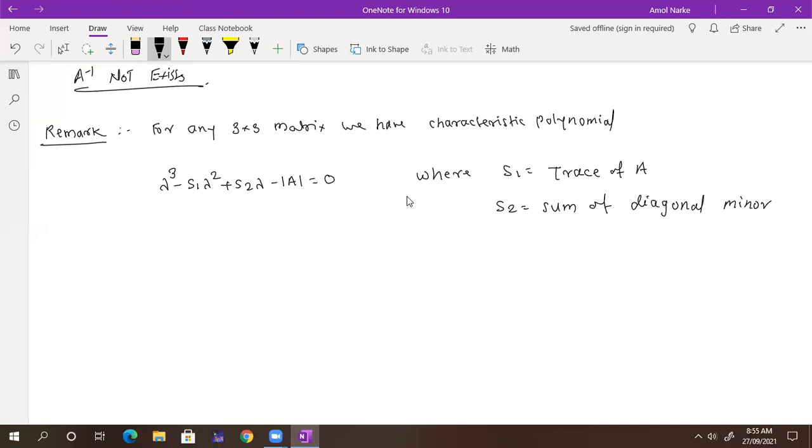Okay, so let's take one example on this. Find inverse by using Cayley-Hamilton theorem. Example.